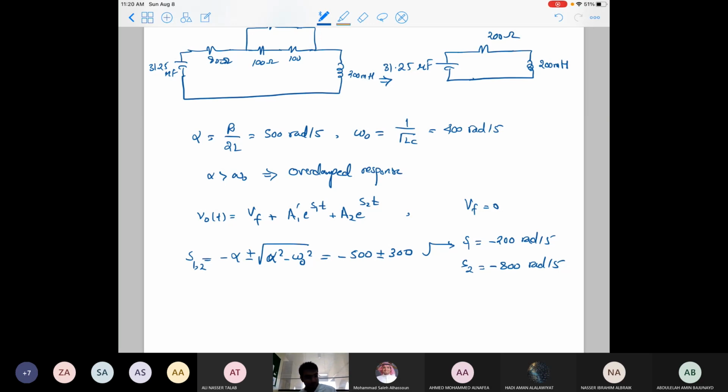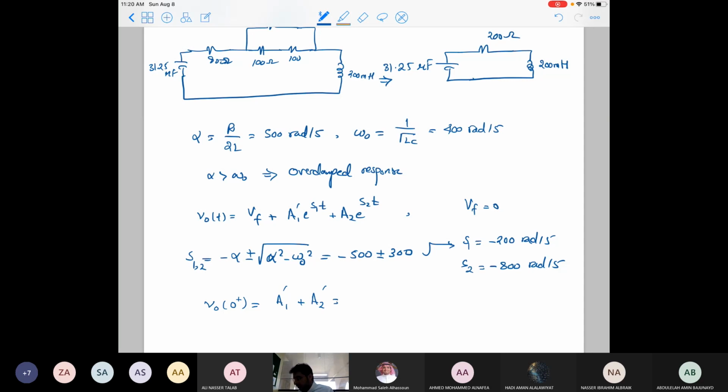All you need to do is to find A1 prime and A2 prime. You can do that by applying the initial conditions.